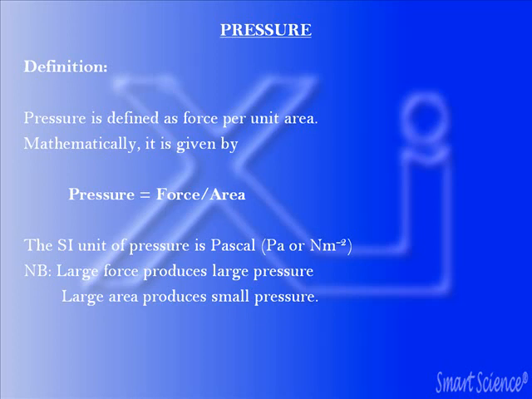Now it must be noted that large force produces large pressure, but large area produces small pressure. That means force is directly proportional to pressure, but area is inversely proportional to pressure.